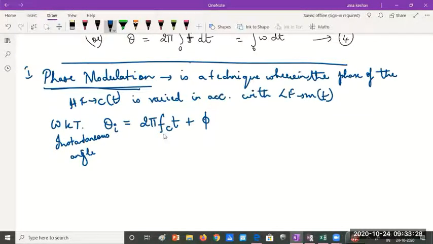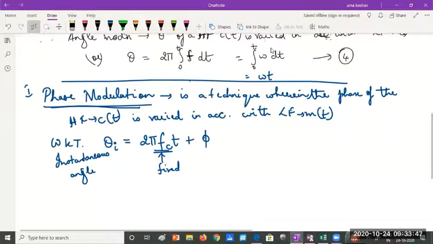As I was telling you, this represents a fixed component of angle: omega into t. If I take the integral of omega dt, this value turns out to be omega into t. Yes or no? See here, we said theta is defined as the integral of omega dt from 0 to t. If you integrate this omega, which would be a constant, and the integral of 1 from 0 to t would be t. So the same thing, omega into t represents an angular value.